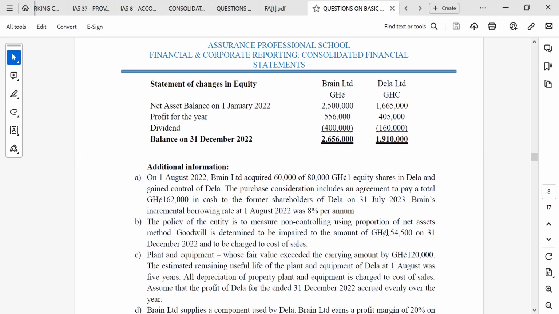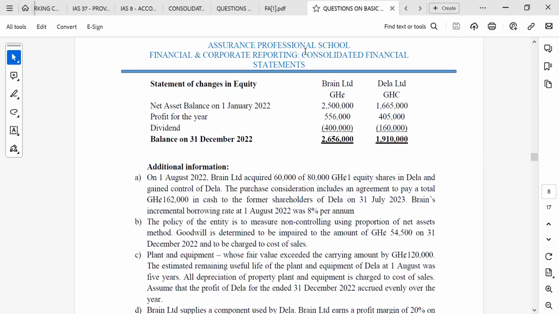C. Plant and equipment whose fair value exceeded the carrying amount by 120,000. The estimated remaining useful life of the plant and equipment of Dela at 1st August was 5 years. All depreciation of property, plant, and equipment is charged to cost of sales.